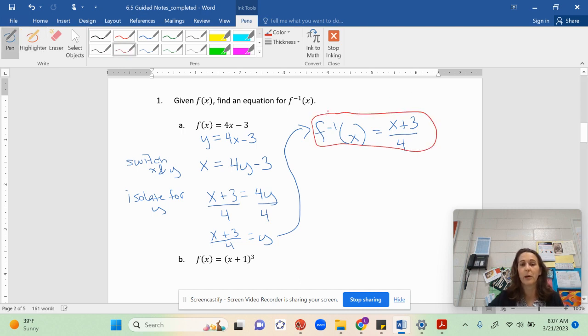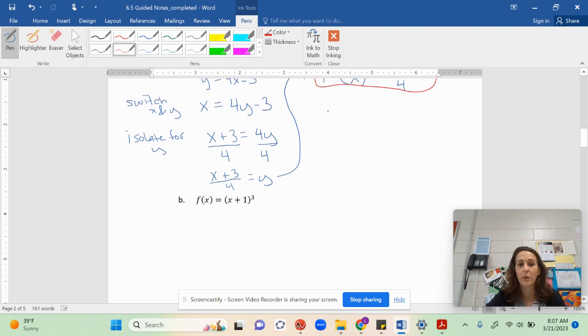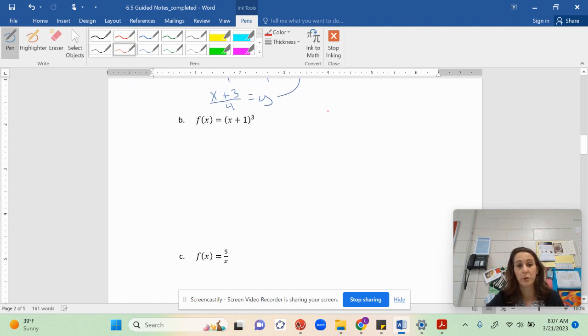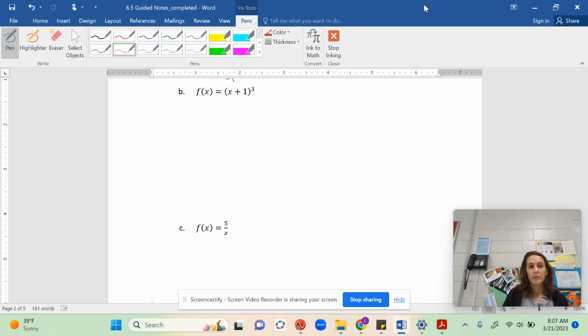So let's go through that process again with 2 more examples. We're going to replace f of x with y first. It's easier to deal with y's than f of x's to find the inverse. That's just our setup step.